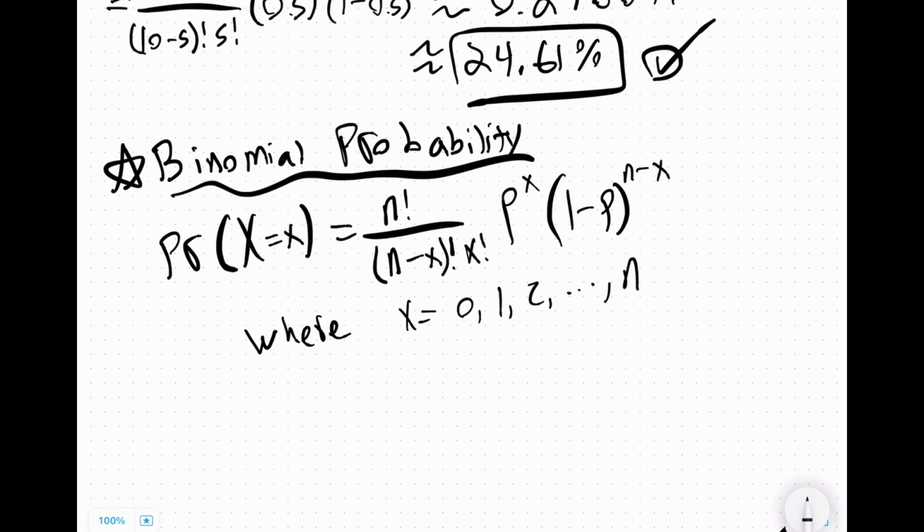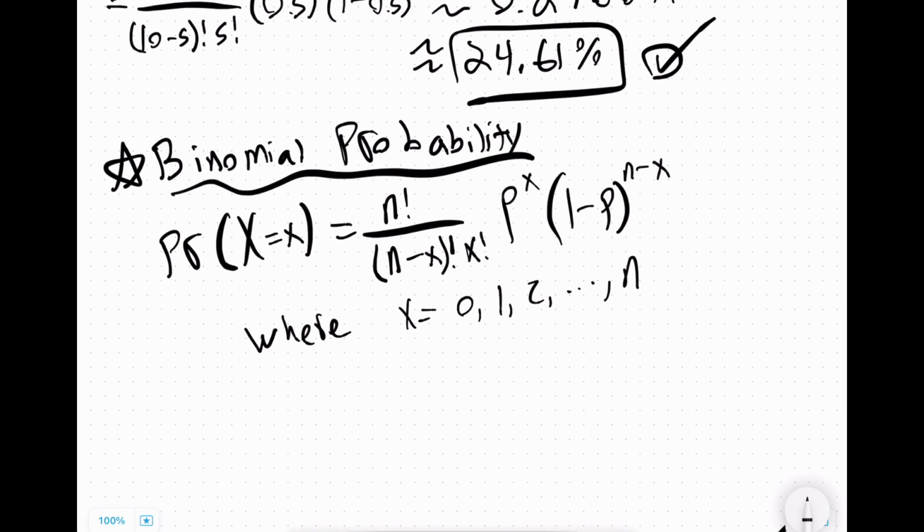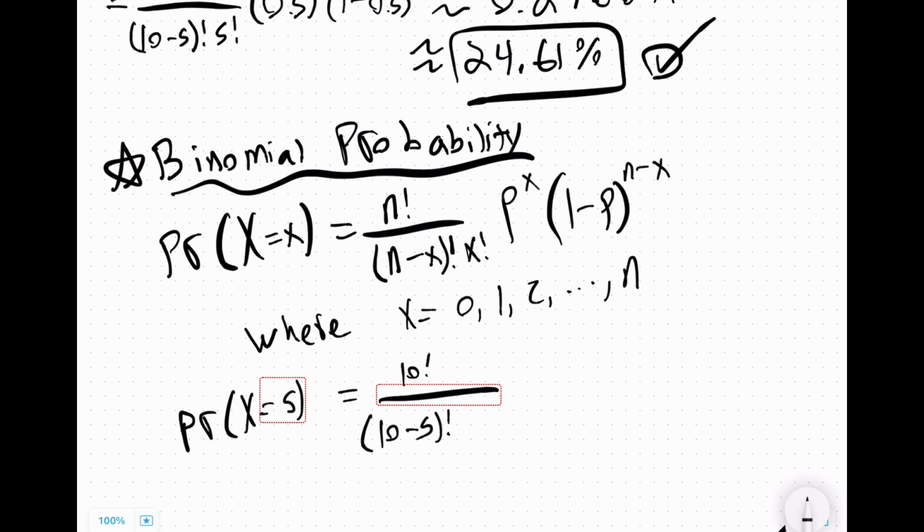So if we consider our example, we have the probability of x equals 5, which is equal to 10 factorial over 10 minus 5 factorial times 5 factorial, times the 0.5 raised to the 5th power, and that's multiplied by the quantity 1 minus 0.5 raised to the 10 minus 5 power.